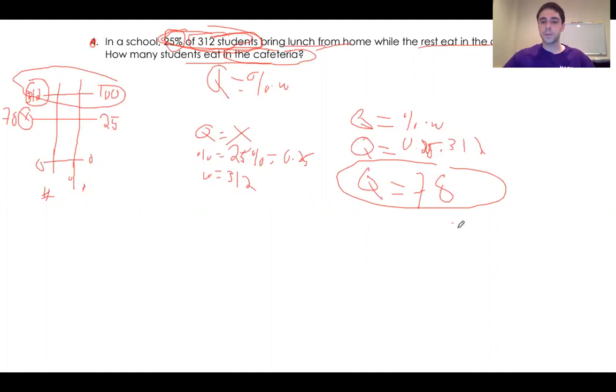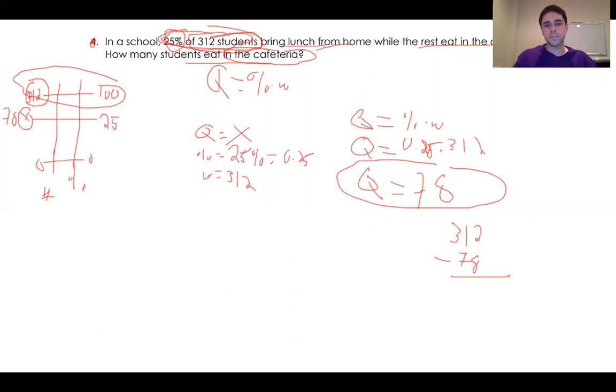So we're just going to do that. 312 minus 78 is going to be what? What's 312 minus 78?